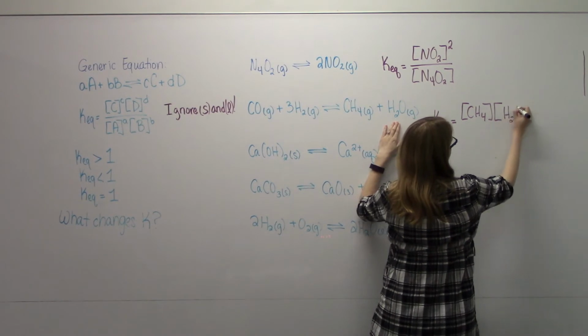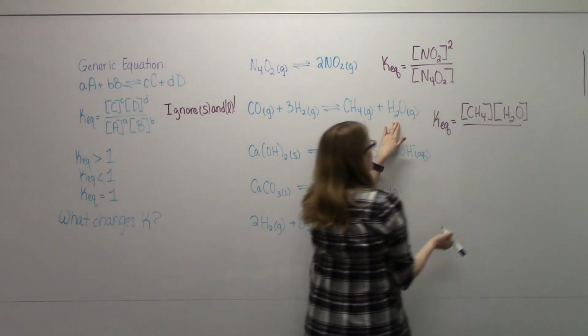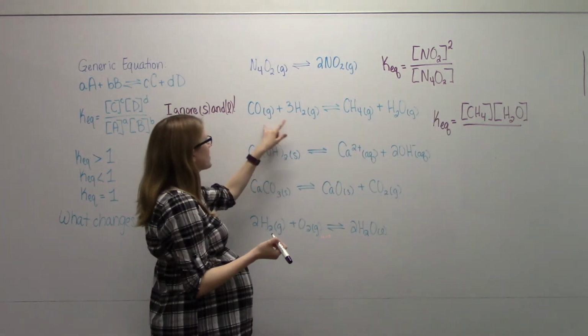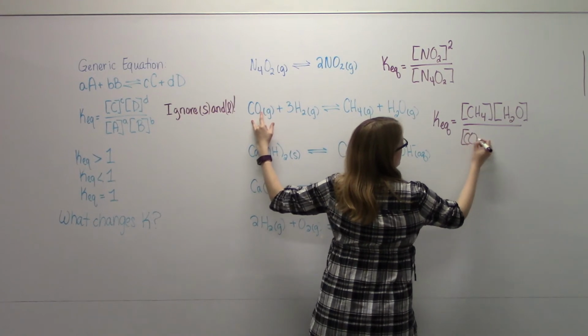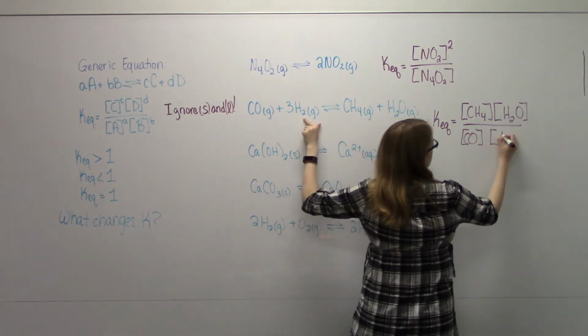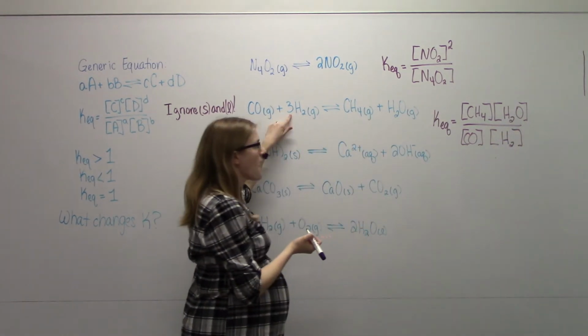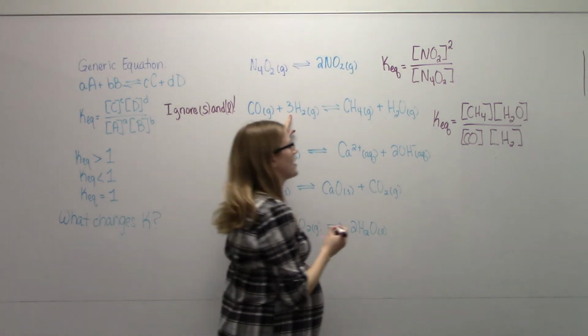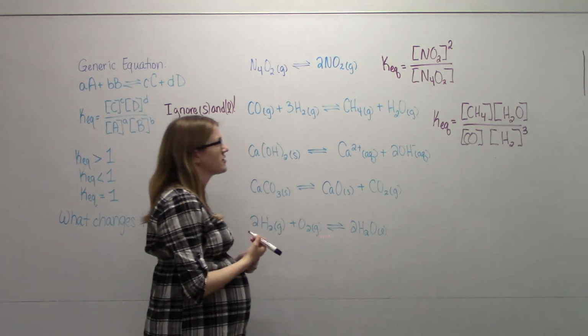Now remember, the brackets mean concentration of, divided by concentration of our reactants. Bracket CO times bracket H2. Do you remember what we do with that 3? Yep, we turn it into an exponent to the third. So these aren't too bad.